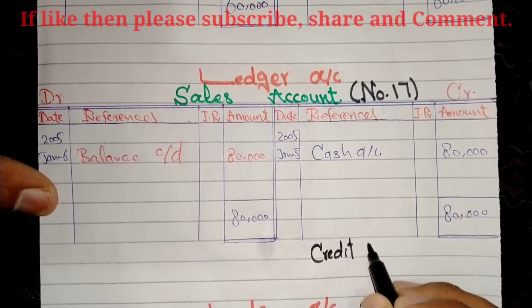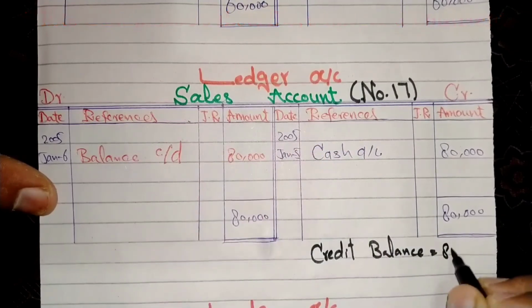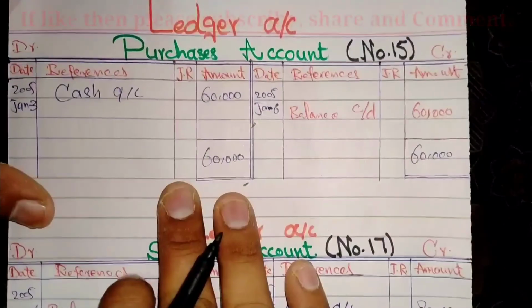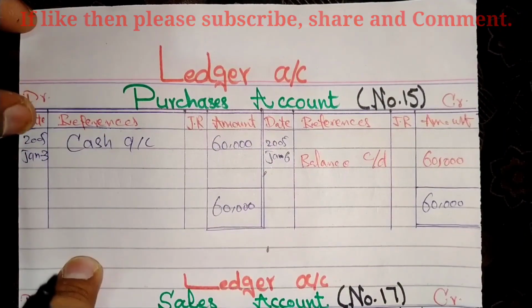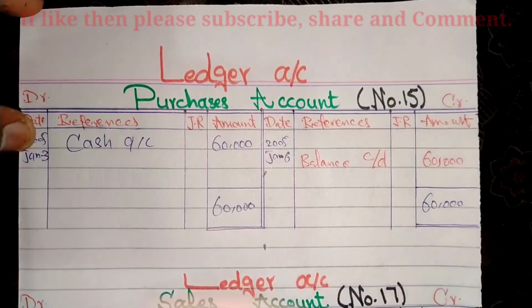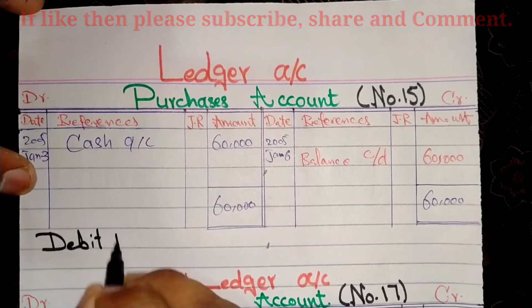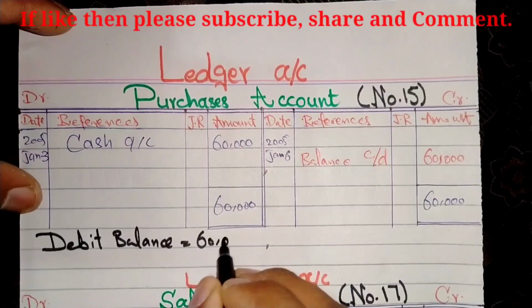Credit balance amounting to 80,000 rupees. When we talk about the ledger of the purchases account balance, we will find the debit balance because the debit side is heavier than the credit side. So debit balance 60,000 rupees of the purchases account.